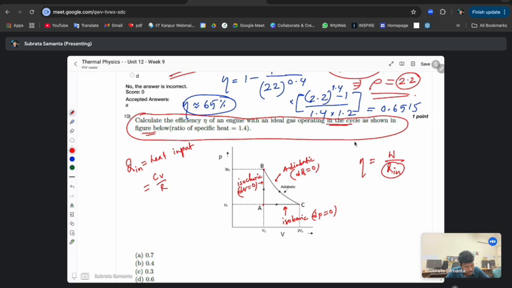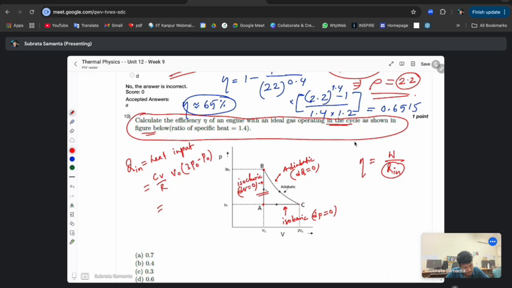So in this process, where dV equals 0, P at this point is basically 3 P naught, and the volume is V naught. So V naught and the change in pressure is 3 P naught minus P naught, right? So this is your heat input Q_AB, right?